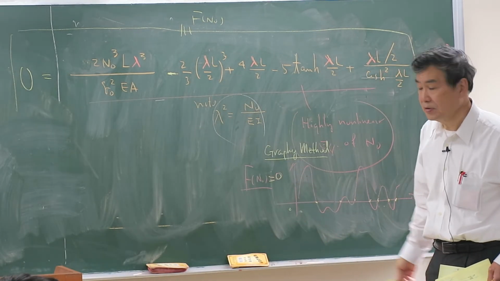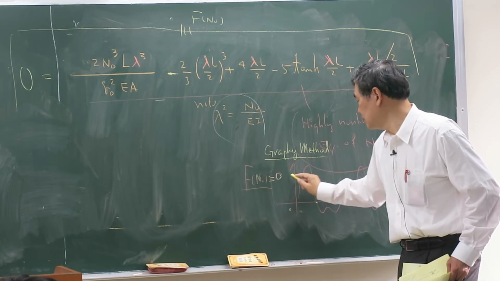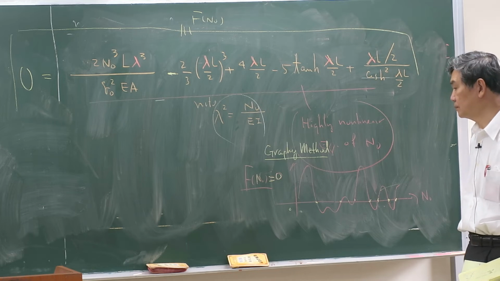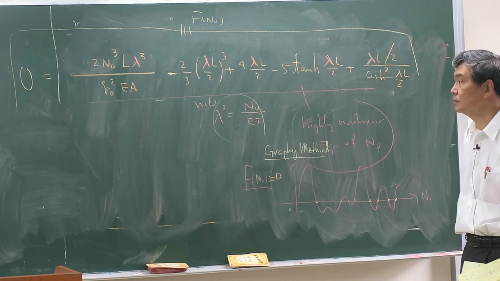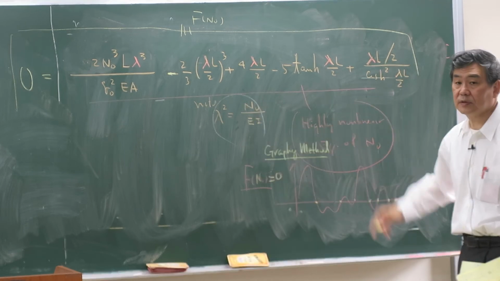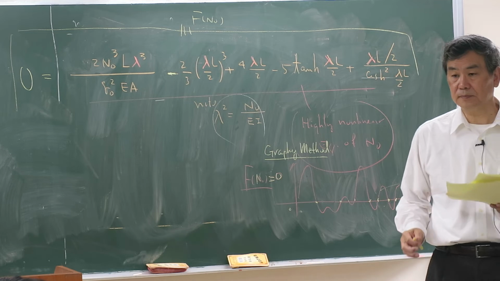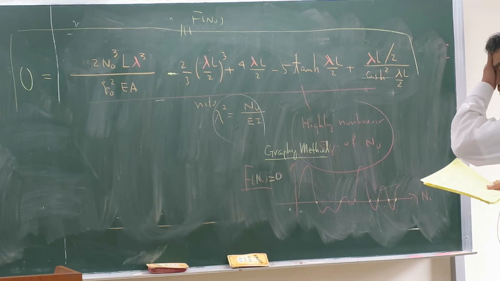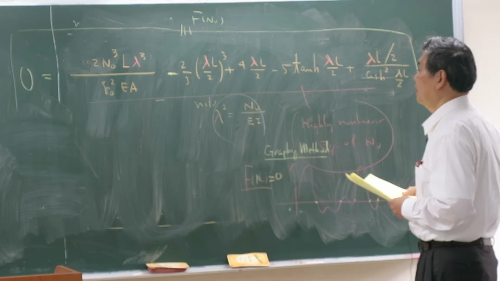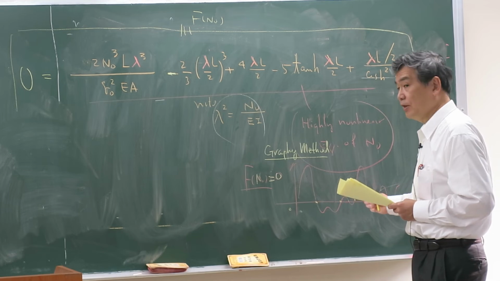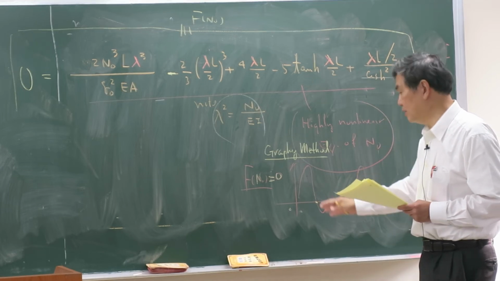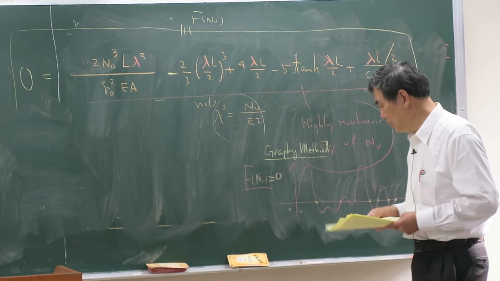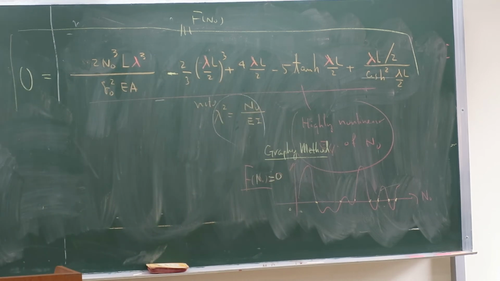So to solve this function, you draw this f of N0, you graph it. And the value equal to 0 is a root. Okay, just try a different value of N0 and input into it, and find the N0 that lets the function go to 0. Another method we call Newton-Raphson.